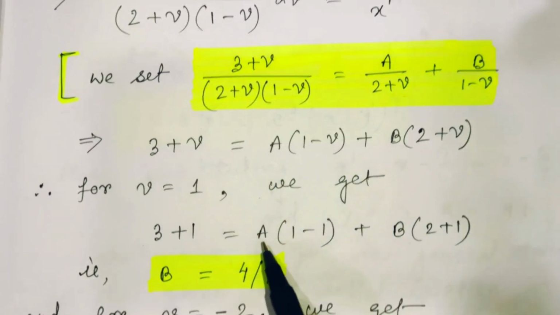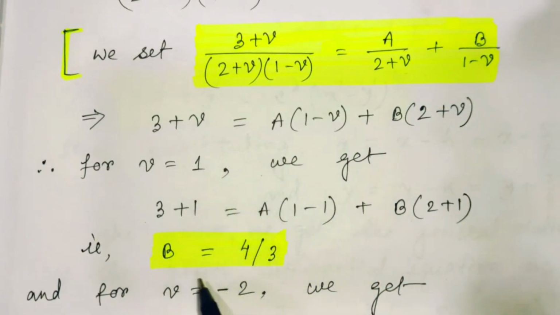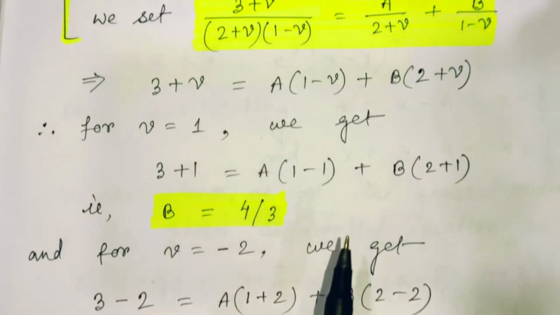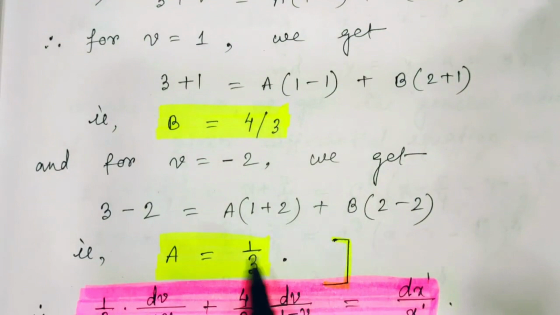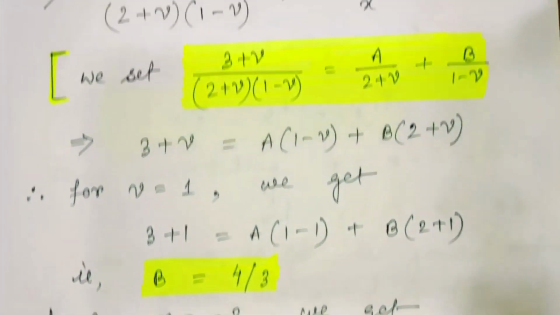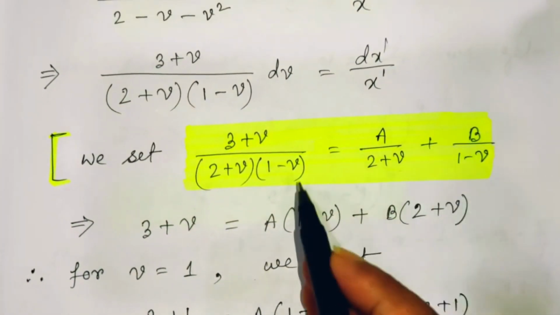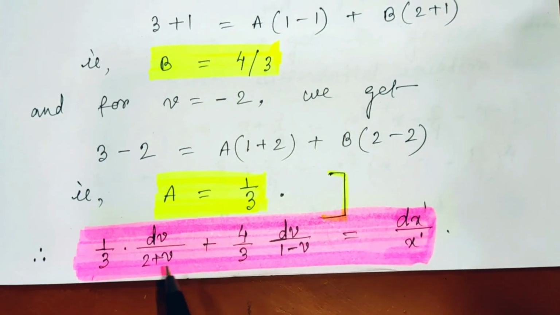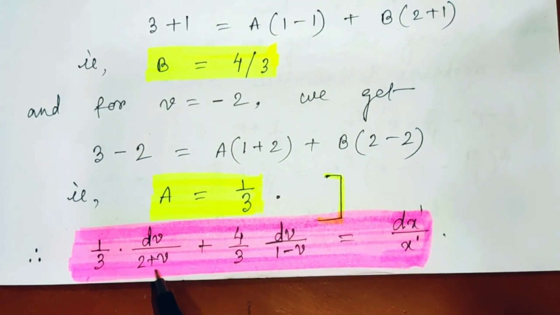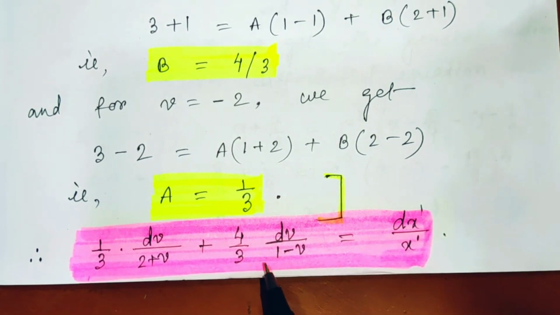If we solve for v equals 1, we find the b value is 4 by 3, and if we solve for v equals minus 2, we get the value a equals 1 by 3. So if we substitute these b and a values here, we can express it in this form. Just look: 1 by 3 dv by (2 plus v) plus 4 by 3 into dv divided by (1 minus v) equals dx dash by x dash.